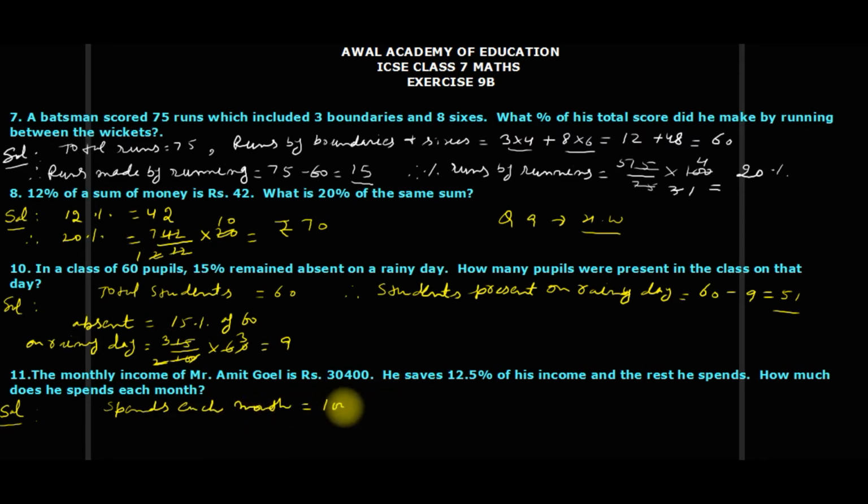If we take 100%, we will deduct his savings, so the rest would become his spendings. Out of 100, this would become 77.5%.